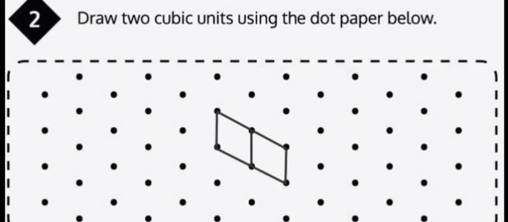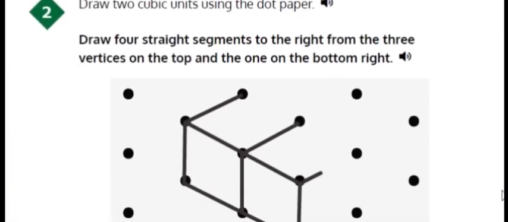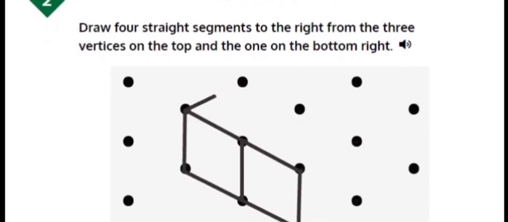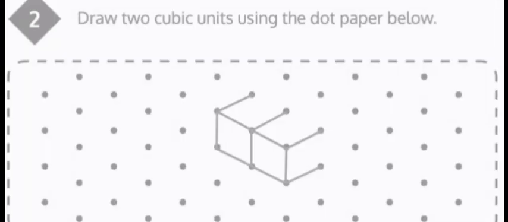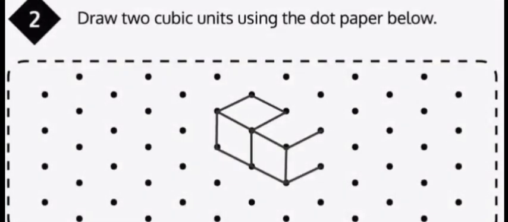Next, draw 4 straight segments to the right from the 3 vertices at the top and the one on the bottom right. Finally, draw 3 line segments to represent the missing edges to complete your shape. Now we have 2 cubic units.